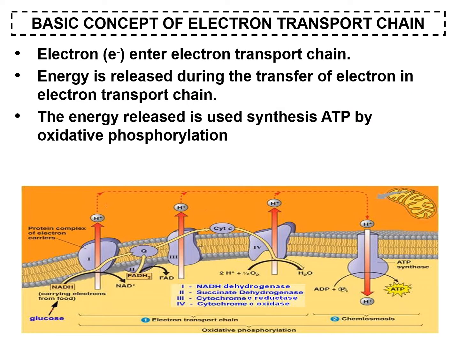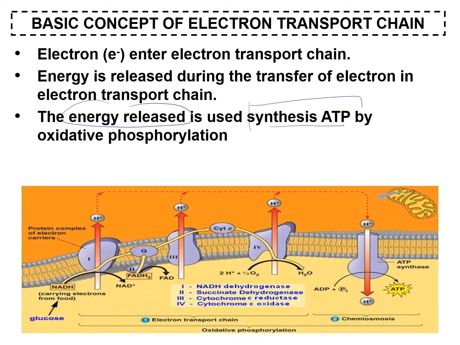So the electron enters the electron transport chain, during which the energy will be released during the transfer of the electron. So the energy is released, then it will be used to synthesize ATP by oxidative phosphorylation.